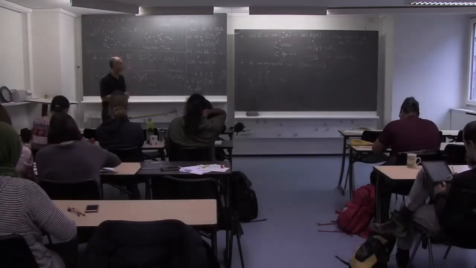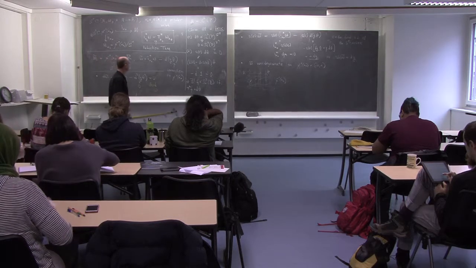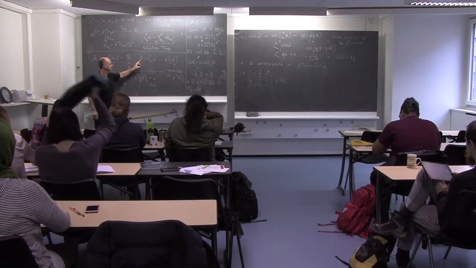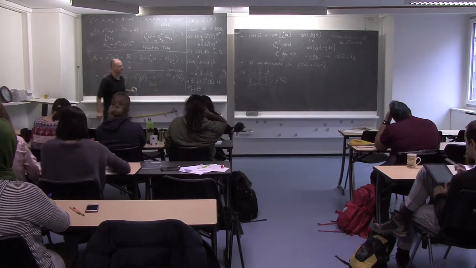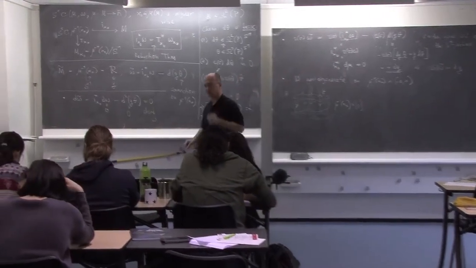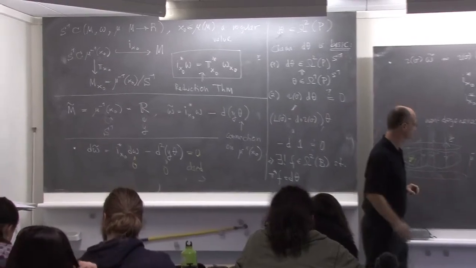All right, so let's continue. Okay, so we decided that on M tilde, this omega tilde is defined on mu minus 1 of x0 times 0. Right.